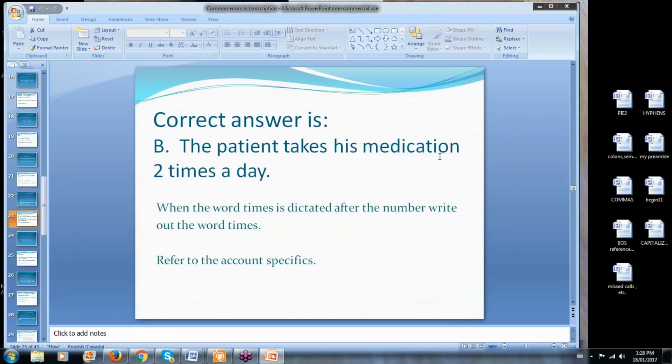You can say the patient takes his medication times 2, or this is a good one too: treat it with liquid nitrogen times 15. See that? It doesn't matter what they're saying. Anything that they say times and there's a number involved, if the times is dictated before the number, then you put X. If they say a number and then times whatever, then you spell out times.